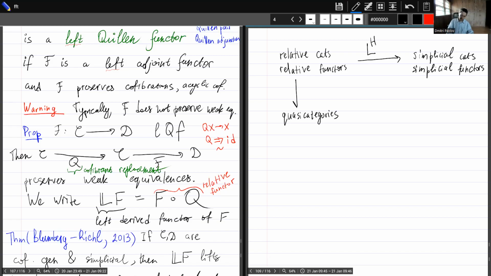Here there is a functor which sends a relative category C, W to the homotopy coherent localization. Let me put H to say it's homotopy coherent or quasi-categorical localization, and not just the usual category of fractions.